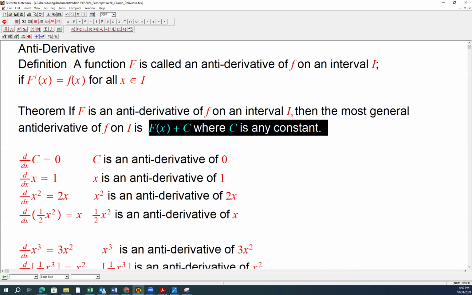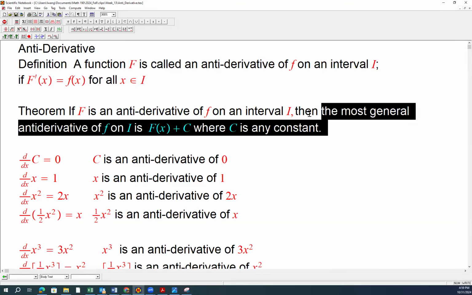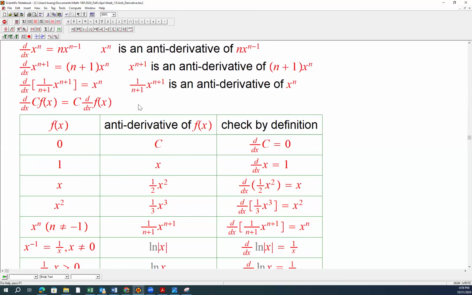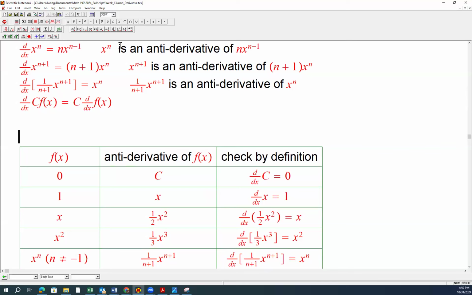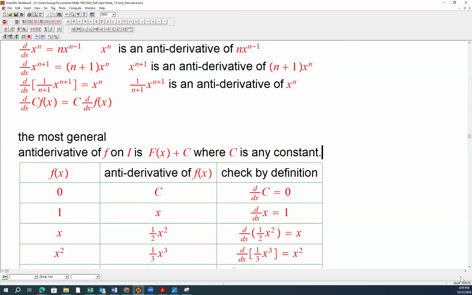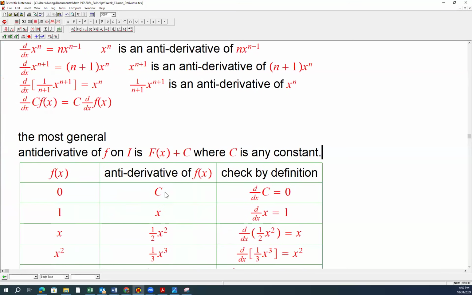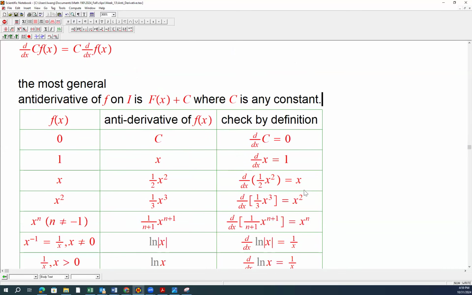So in some cases, you may be asked for the most general antiderivative. If you are asked that question, what you need to do is just add a constant.